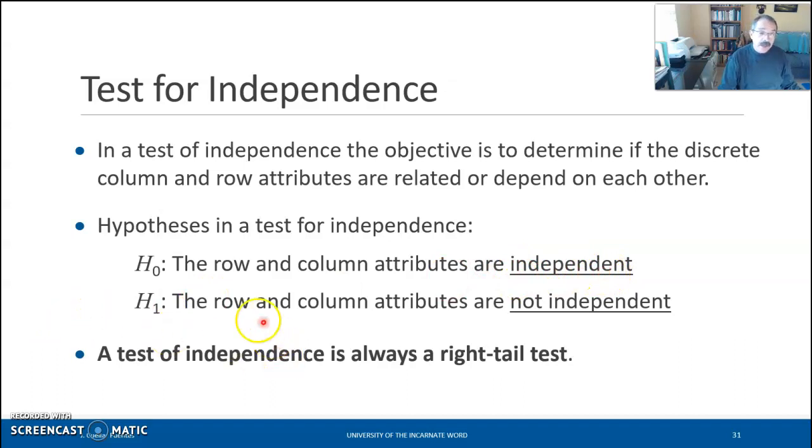And the alternative hypothesis is that the row and column attributes are dependent, or we typically say they're not independent. And this test of independence is always a right-tailed test. So in independence, remember, we're trying to determine if there is a dependency between the row attribute and the column attribute.